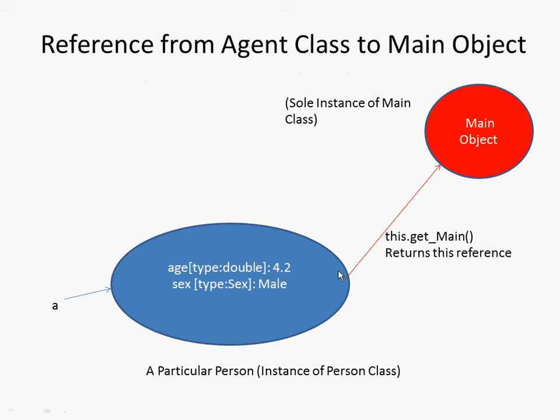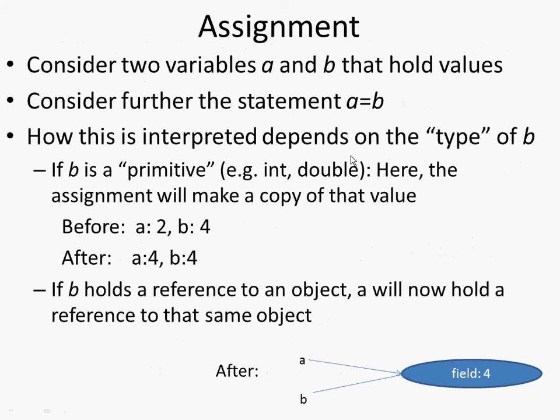Now suppose we have a variable that is a reference to a particular person. So suppose we have one variable A and another variable B. Those are both references to people. They could refer to any number of different people. But suppose we said A equals B. What that means is that if A can contain references to people and B as well, then they're both pointing to the same person. They're both pointing to the same individual, okay?